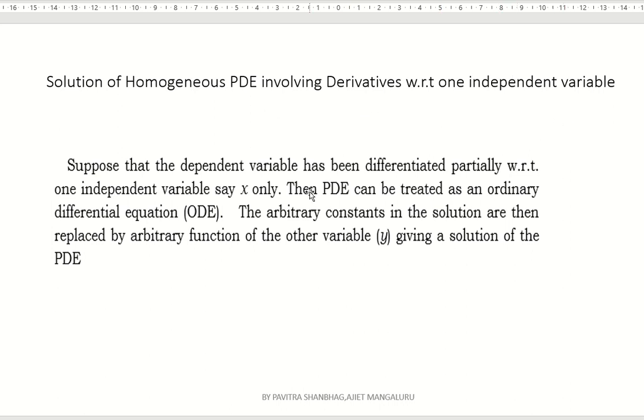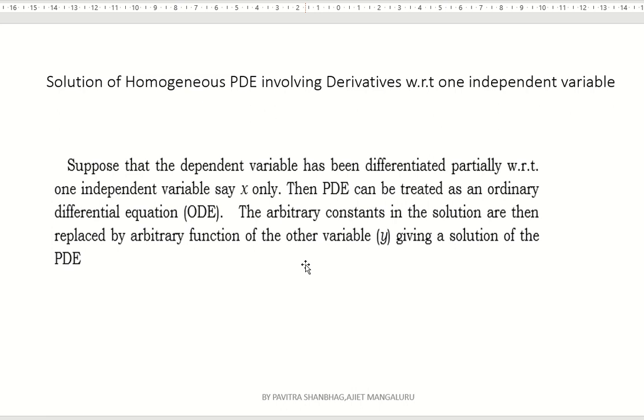Now suppose that the dependent variable has been differentiated partially with respect to one independent variable, say x. Then the PDE can be treated as an ordinary differential equation. The arbitrary constants in the solution are then replaced by arbitrary functions of the other variable, giving a solution of the PDE.